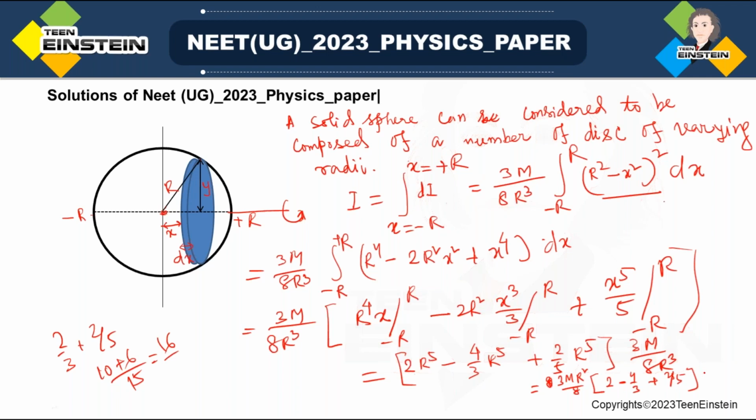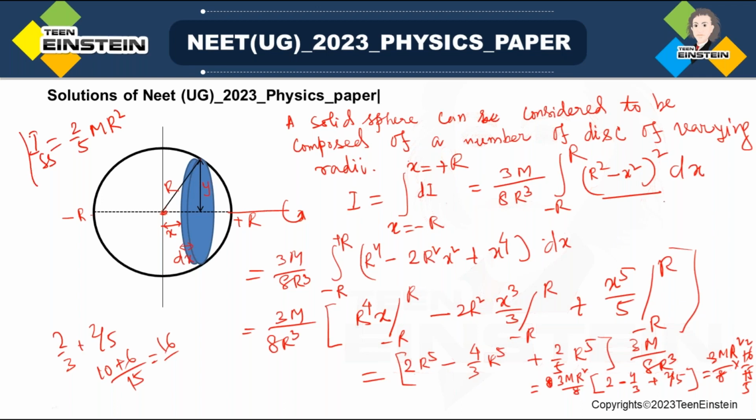So it will be 3MR square by 8 into 16 by 15. That means 3 by 5, and this is 8 to 6, so 2 by 5. So we have seen that the moment of inertia of the solid sphere will be 2 by 5 MR square.